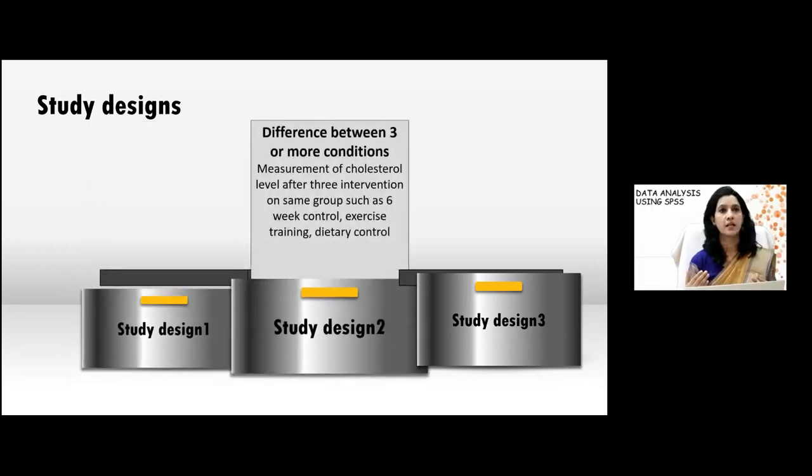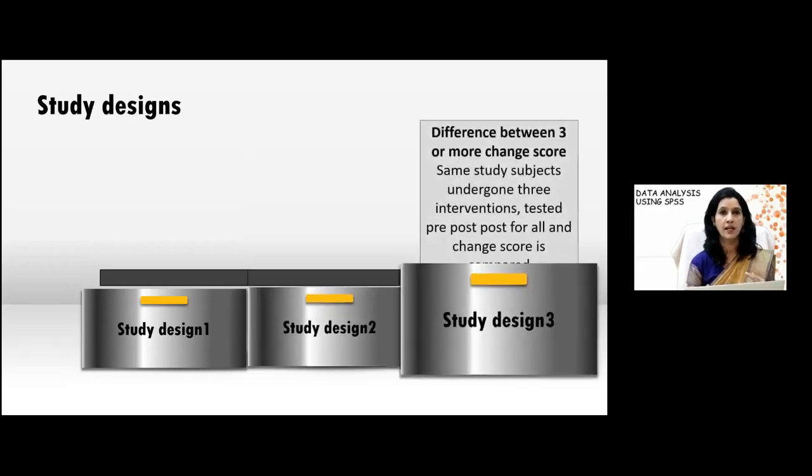Second study design could be if I want to know the difference between the outcome of the 3 different interventions, like one could be intervention 1, the second could be exercise training, the third could be a dietary control. Or in the third case, if I want to measure the difference of change score pre-post at 3 different time points, then also I will use this repeated measure ANOVA.